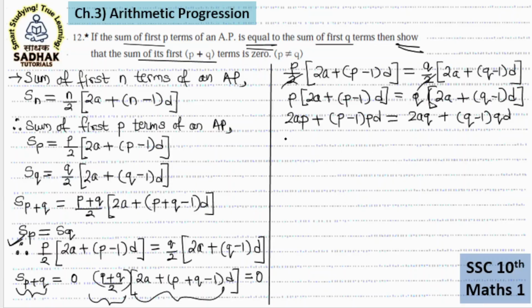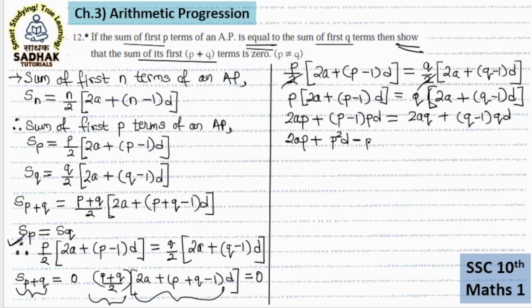Fine, now let us simplify this further. 2ap plus p multiplied by pd will be p square d, minus 1 multiplied by pd will be minus pd. So that will be 2aq plus q multiplied by qd will be q square d, minus 1 multiplied by qd will be minus qd.